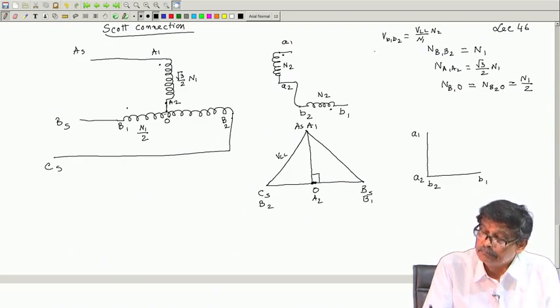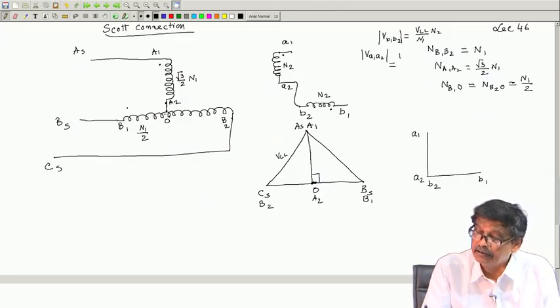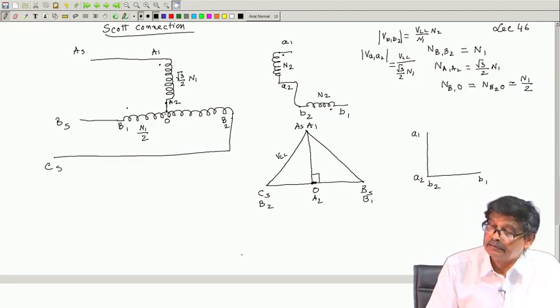What will be the magnitude of the voltage applied across A1 A2? Available voltage across A1 A2 will be volt per turn of this transformer, which will be VLL by root 3 by 2 into N1, is it not?